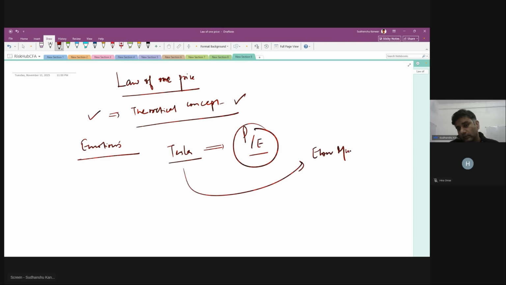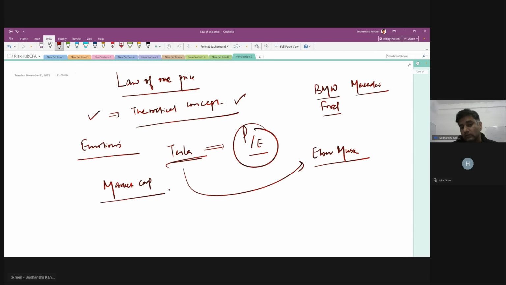right? If you compare Tesla with BMW, with Ford, with Mercedes, Tesla's market cap is like the combination of all these companies. Why? Even though sales of Tesla are less than these individual companies.